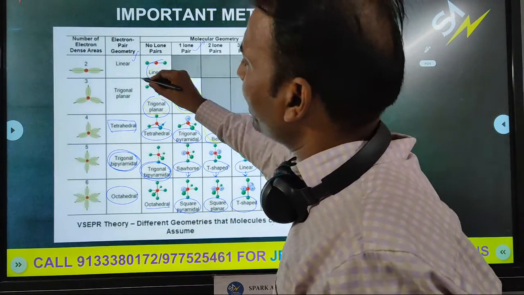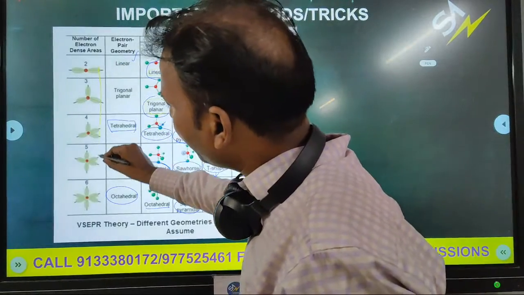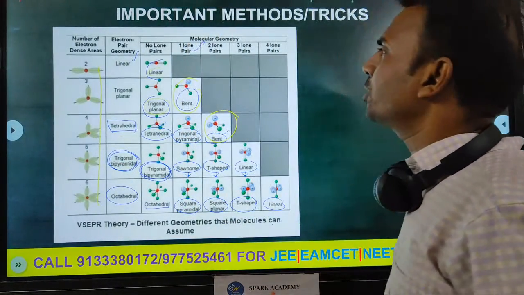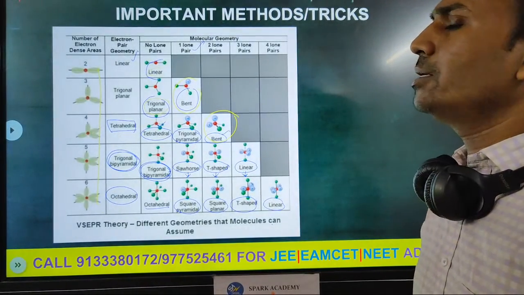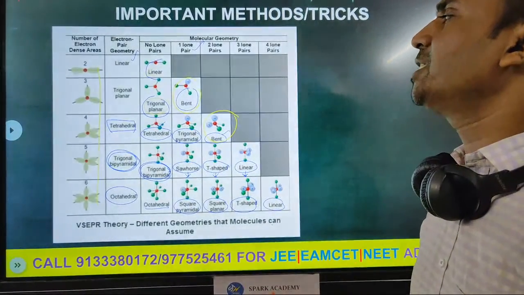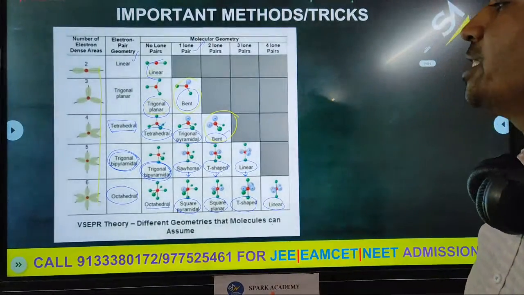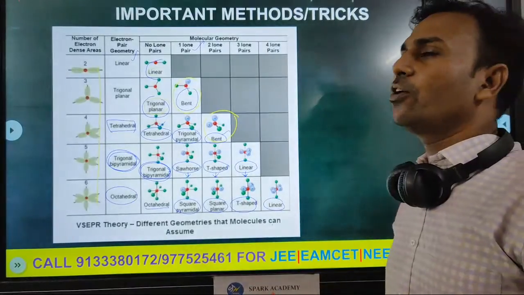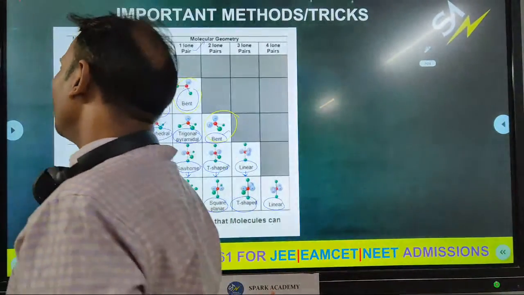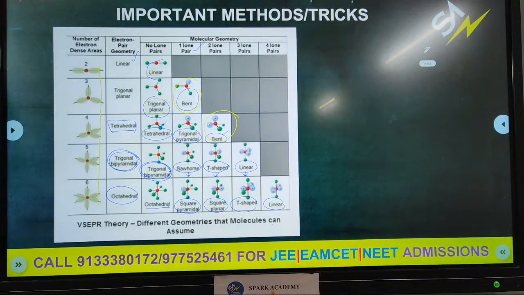The hybridization and number of electrons are the same, but due to the number of lone pairs, the bond angle and the geometry of the molecule change. In this way, VSEPR theory is very useful to learn the correct geometry of molecules.